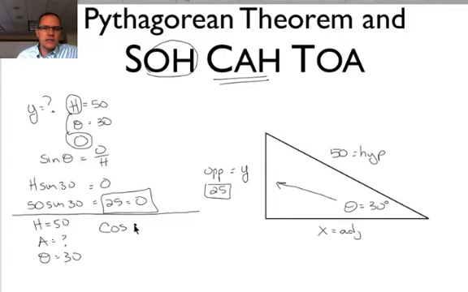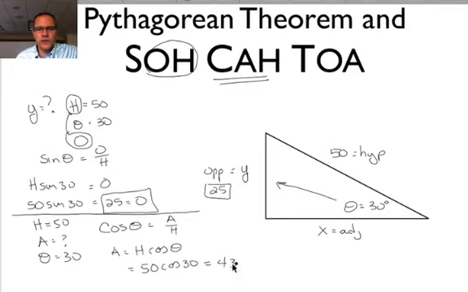So cosine of my angle is equal to adjacent over hypotenuse. So the adjacent becomes the hypotenuse times the cosine of the angle. The hypotenuse is 50 times the cosine of 30, and putting that in your calculator, you should come up with 43.3.